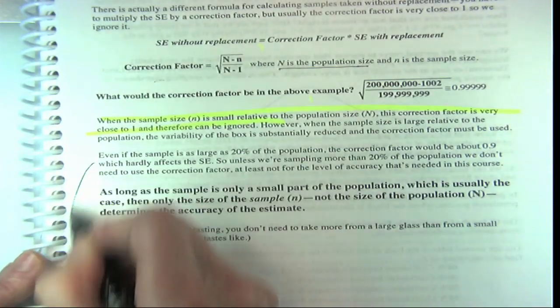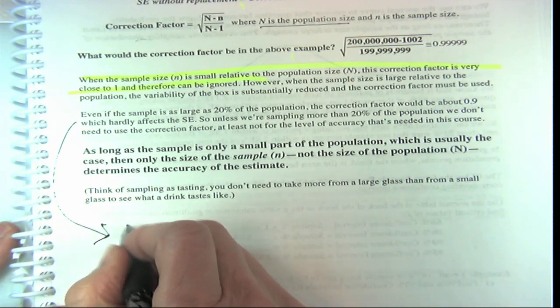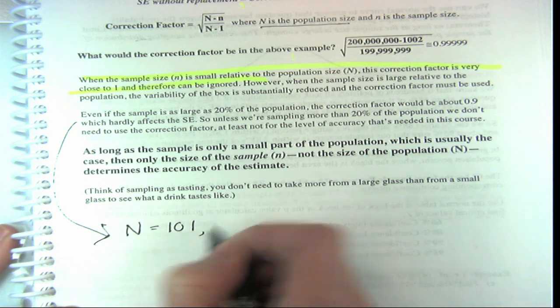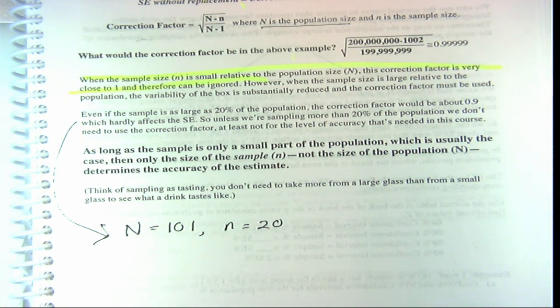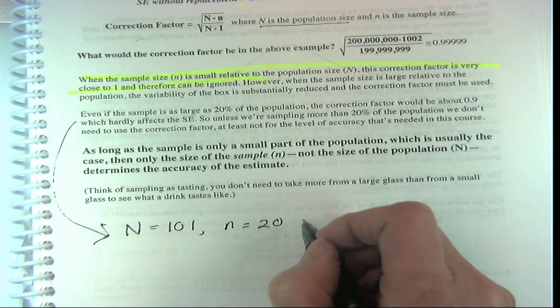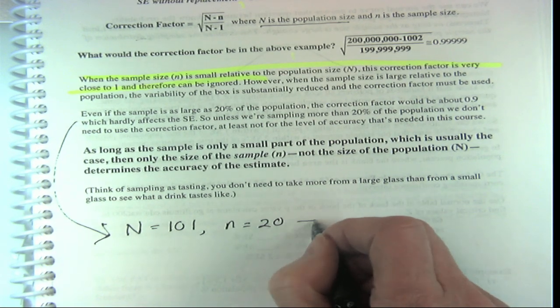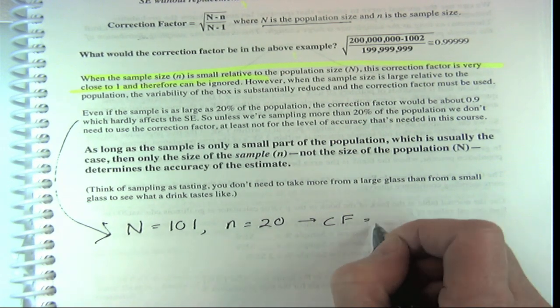You can see this really easily. Here, let's say our population size is 101, and let's say we sample about 20% of that. So n equals about 20 there. If we use the formula, the correction factor is equal to what?